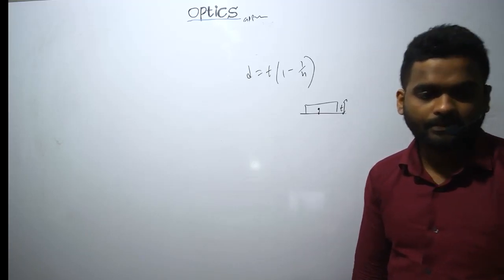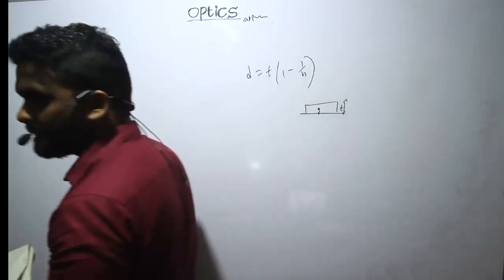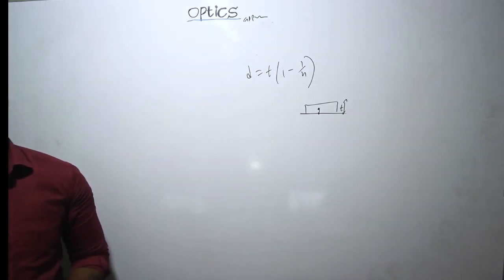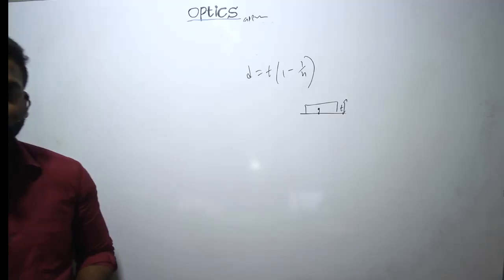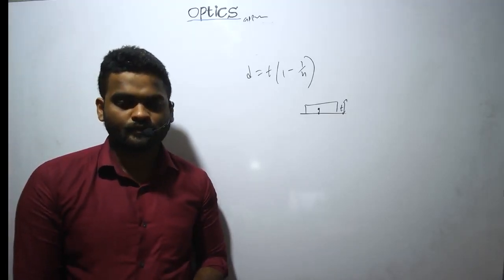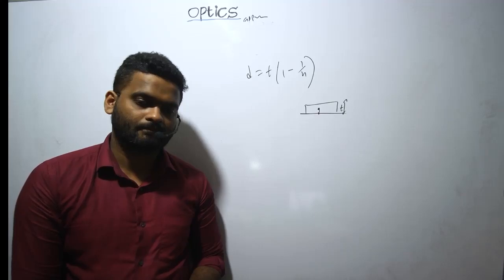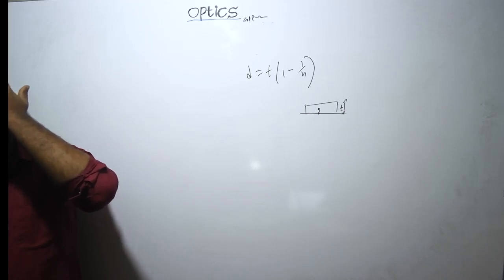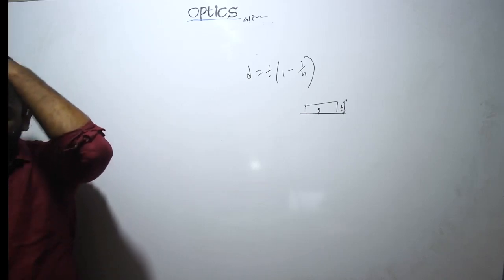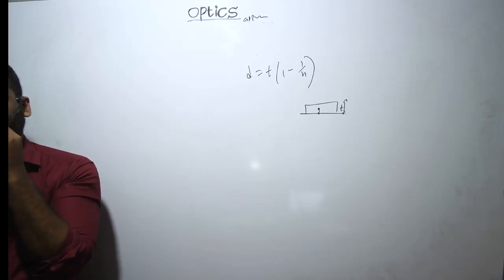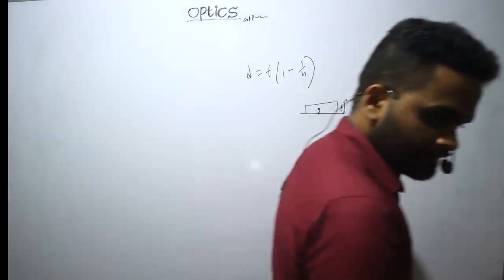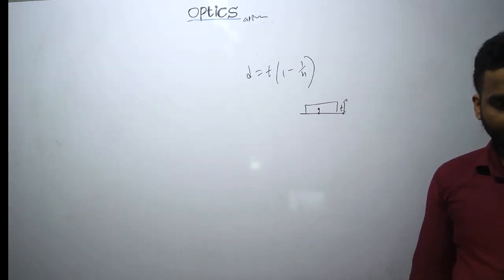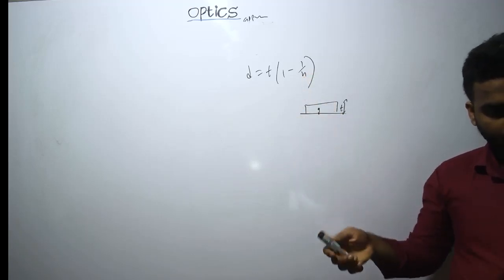Shift means simple d, apparent displacement. Use fractions when you're substituting, so it should be 3 over 2.